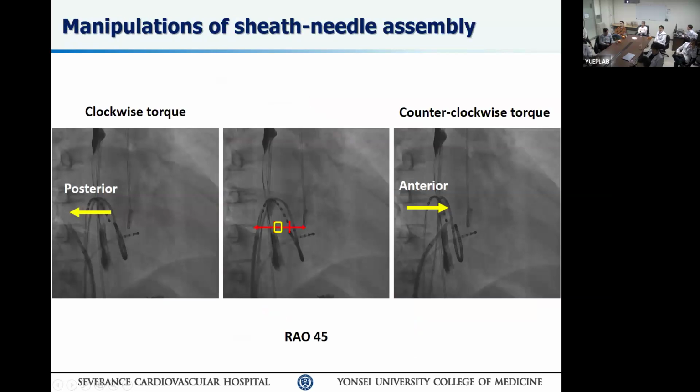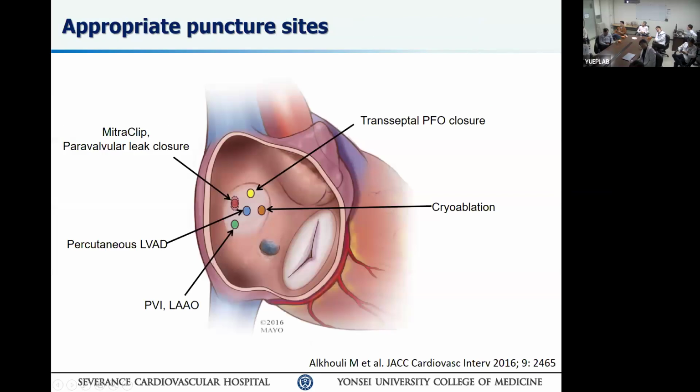Just to remind, we usually perform transseptal puncture in the LA contour and coronary sinus catheter. And the posterior one third is usually the site in which the catheter might contact well for the left pulmonary vein.